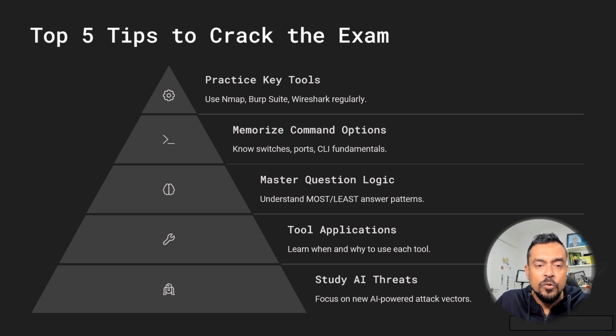And the next thing is tool applications. You need to understand when and why to use each tool. For example, why should we be using Nmap? Nmap is a network scanner. Nmap's primary usage is to understand open ports or running services of the target and pretty much scan the network to find out information.